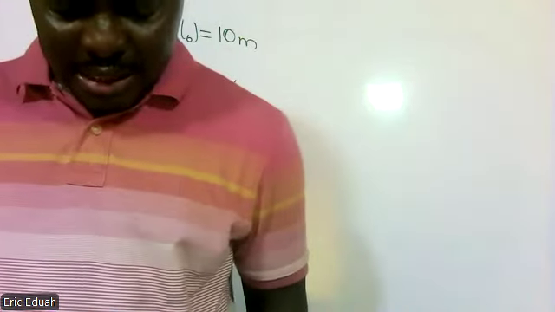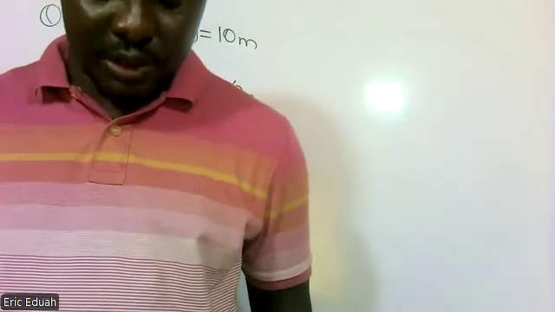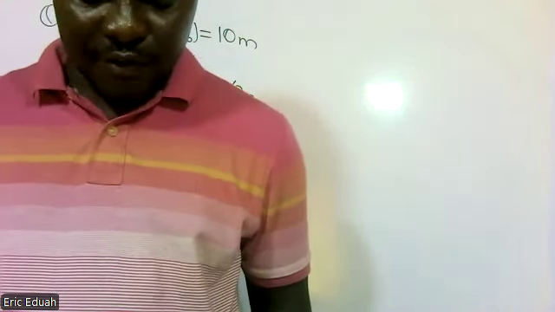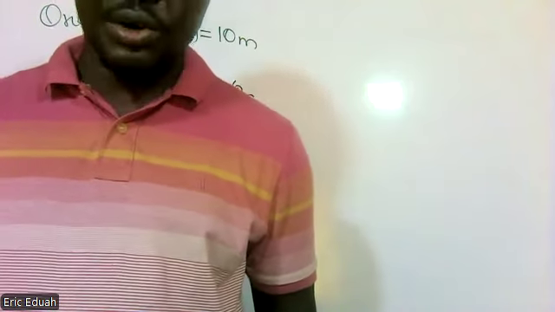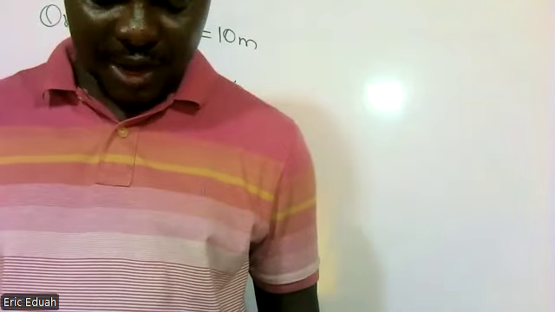Find its density at 20 degrees Celsius if its linear expansivity is 2.0 times 10 to the power negative 5 per Kelvin.